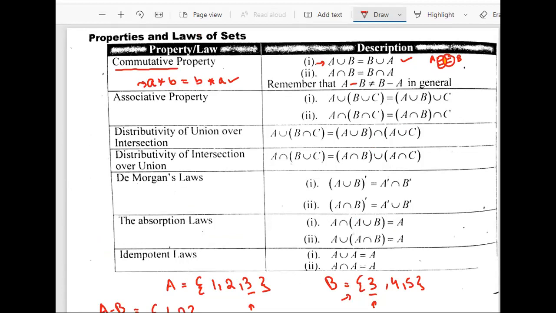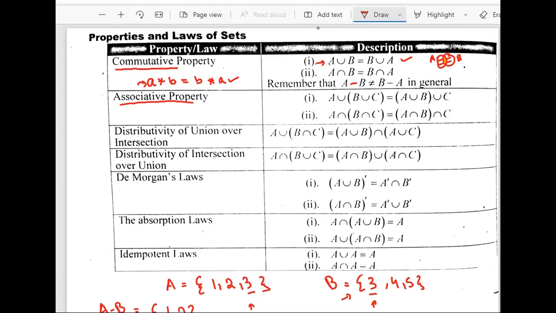Now we have the associative property. This is how we define the associative property in addition and multiplication. Like we used to say that A plus B plus C equals A plus B plus C. I will not be wasting time in proving all these, okay? I will certainly explain the ones you want me to, but some are very easy, so I'll just pick up the difficult ones and explain.